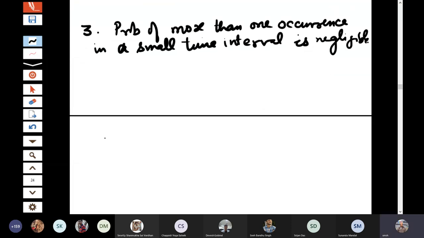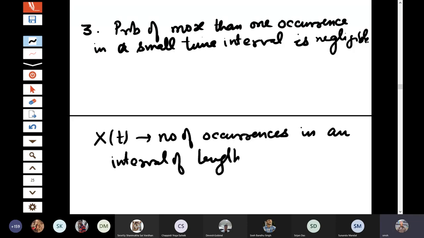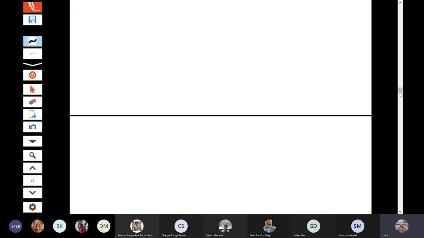Let us denote X_t as the number of occurrences in an interval of length t. Then the probability that X_t is equal to n, we will use the notation P_n(t). This is a notation that we will use.